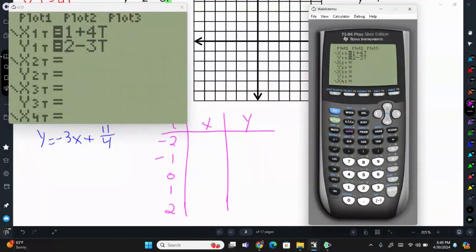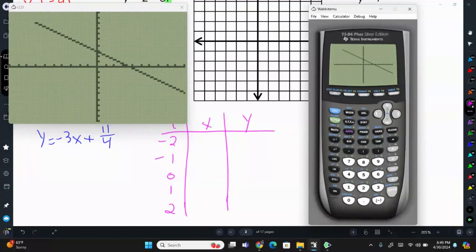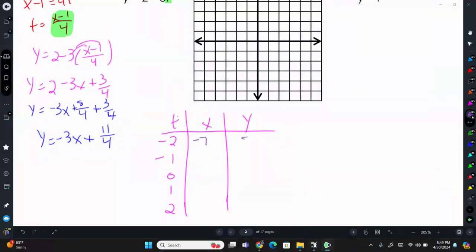And we can graph this, but you see it goes on forever and ever. We can press trace and type in -2, and you see the x value is -7 and the y value is 8. So -7 and 8.